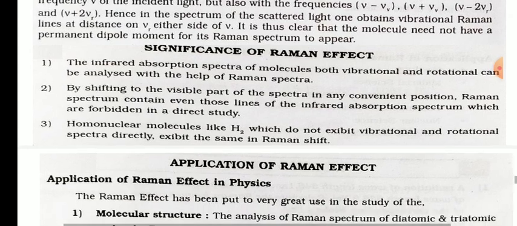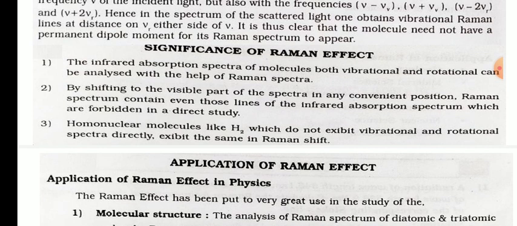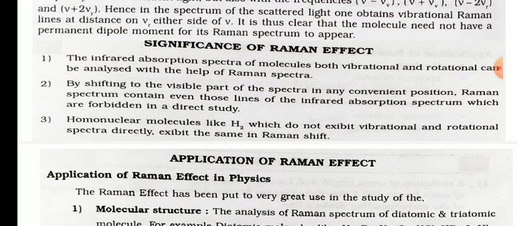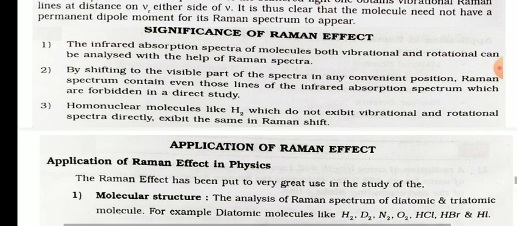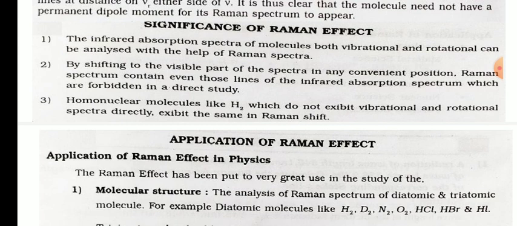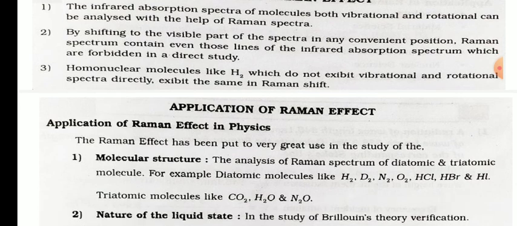By shifting to the visible part of the spectrum at any convenient position, Raman spectra contain even those lines of the infrared absorption spectrum which are forbidden in direct study. Homonuclear molecules like H2, which do not exhibit vibrational and rotational spectra directly, exhibit them in a Raman shift.